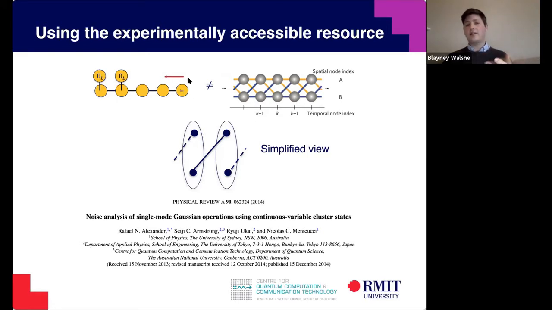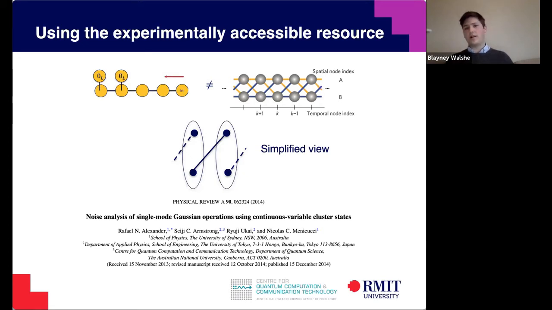Now, the other difference between these I'll point out is I've left these nodes of error correction here because error correction hadn't been done on these macronodes yet. And so part of this work is to say, okay, how do you do error correction with this physical resource that we have?